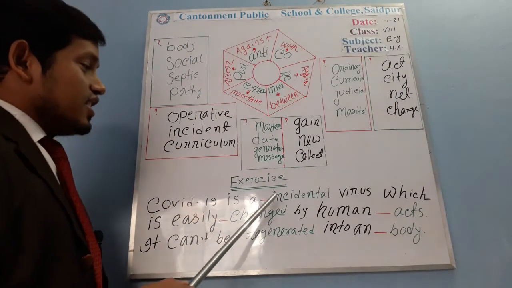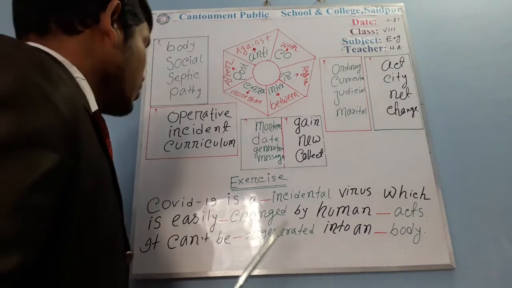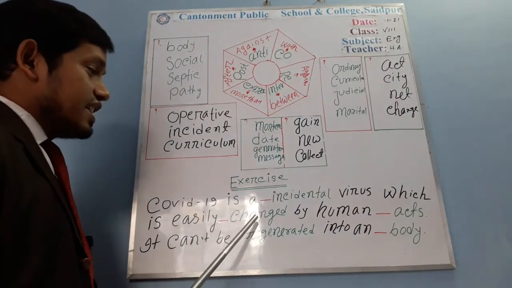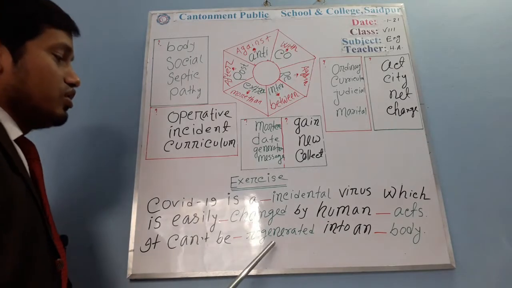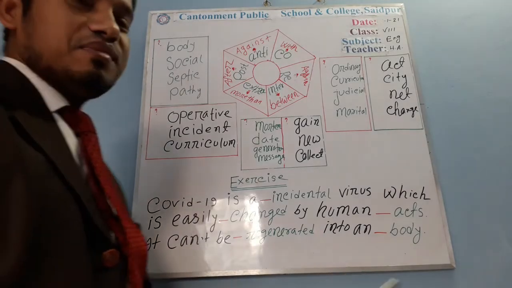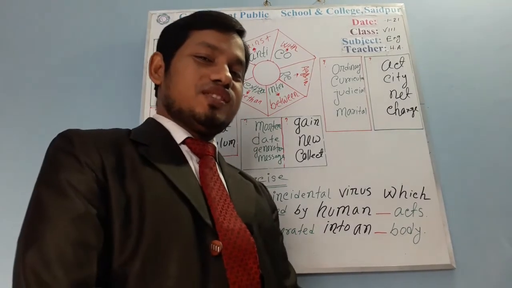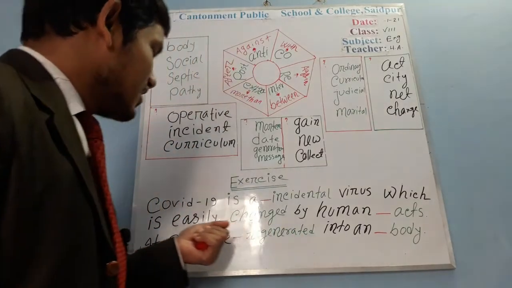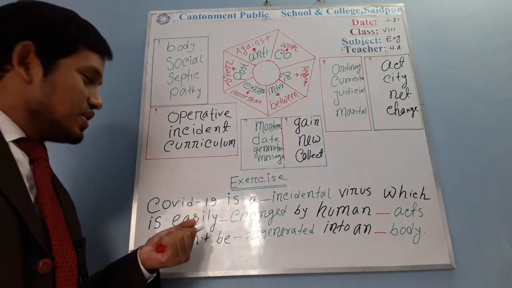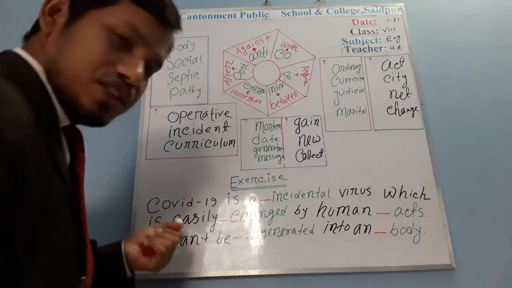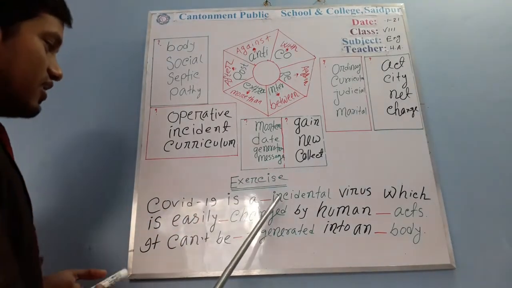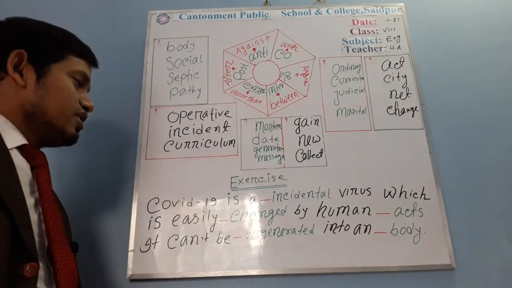COVID-19 is a incidental virus which is easily changed by human acts. It can be regenerated into a body. Really, there are three lines here in English for your short practice. Please think which one can be used here, learners.